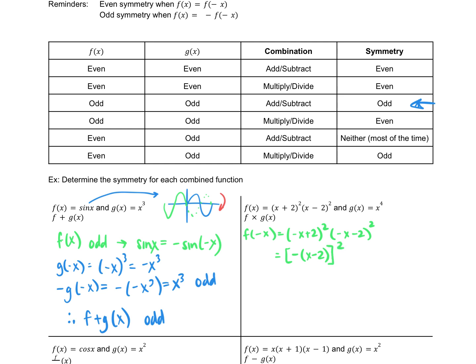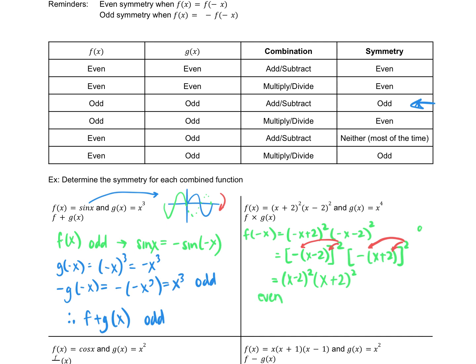They're still both inside that bracket to the power of 2. And then I'll apply the exponent of 2 in afterwards. And when I apply the exponent of 2 into the negative, it'll just become a positive, and then we're just left with the exponent on top of these two brackets. And it matches with the original function. So this one was even.